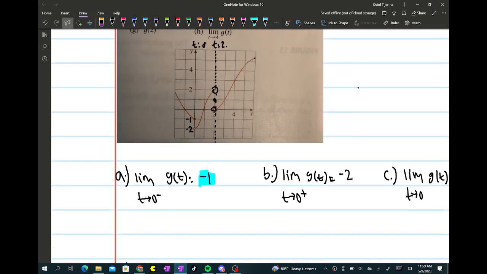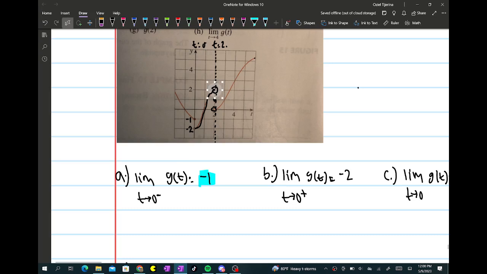So again, I'm going to get my pen, and I'm just going to look at, from the very left-hand side of 2, what am I approaching as I get closer and closer to 2. Obviously, even though the function is not defined at t equals 2, the limit still exists.